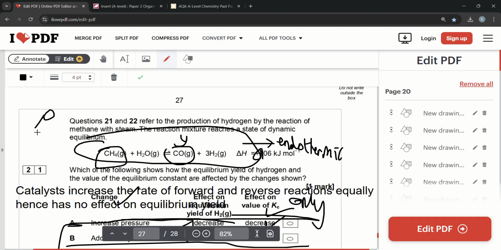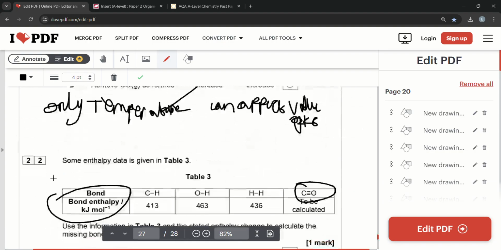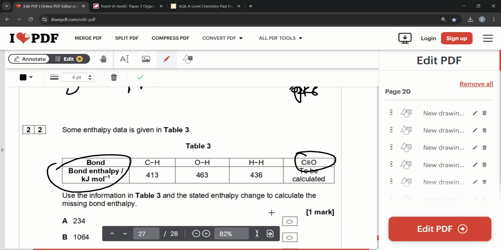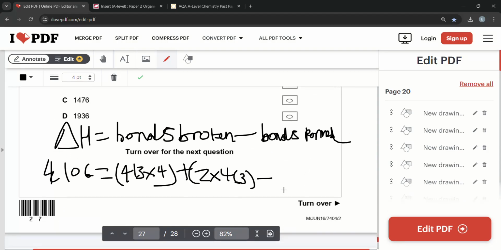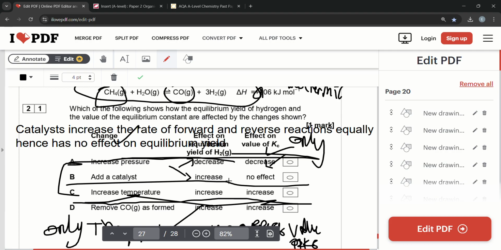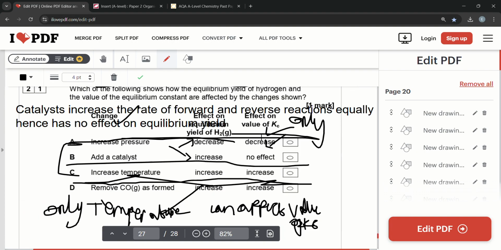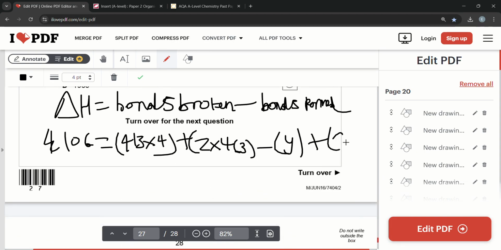Well, if we draw out H2O, we've got two O-H bonds, so it's going to be 2 times by 463, minus bonds formed. Well, we've got the Y, the C double bond O, that's what we're trying to find, plus 3H2. So it's 3 times by 463.